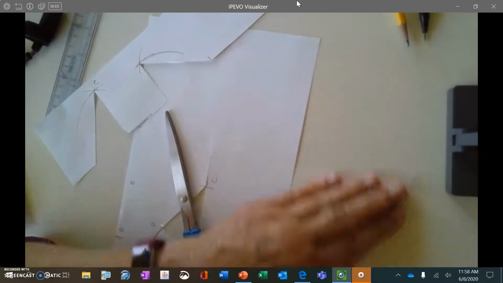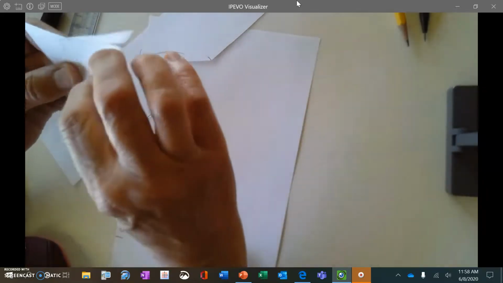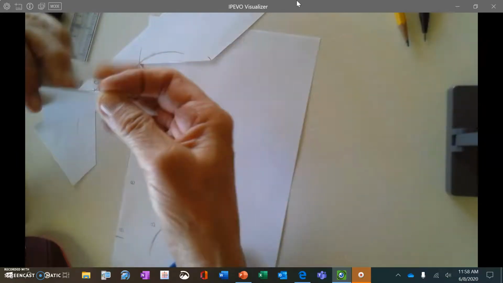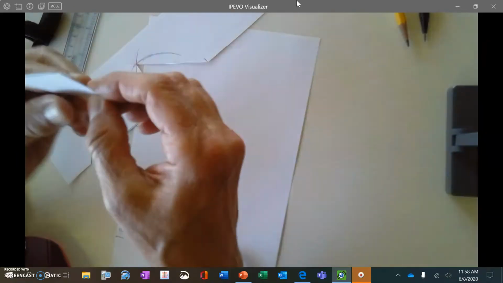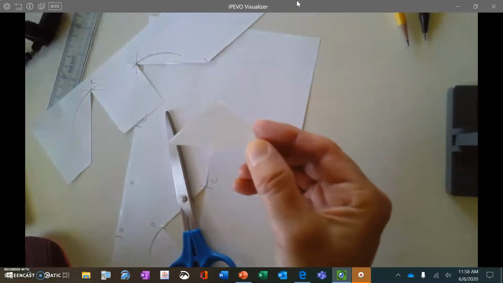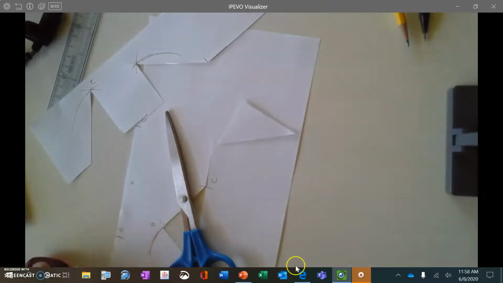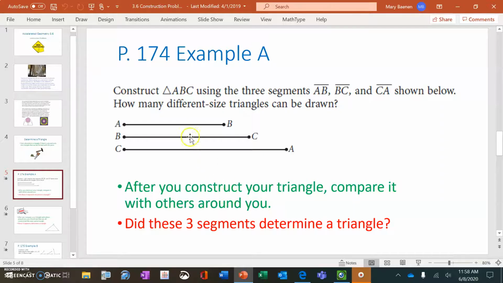And now look what happens. If I take these 3 triangles, I can turn them around, move them around, and ta-da, they all end up exactly on top of each other. And so therefore, those 3 parts that were given to me, those 3 sides, determined a triangle.